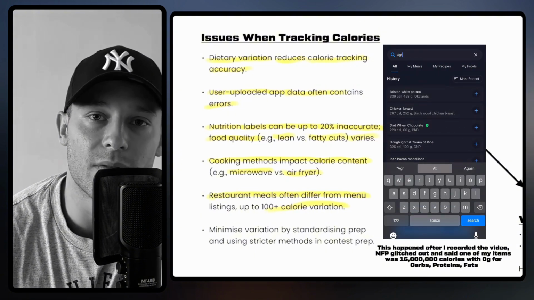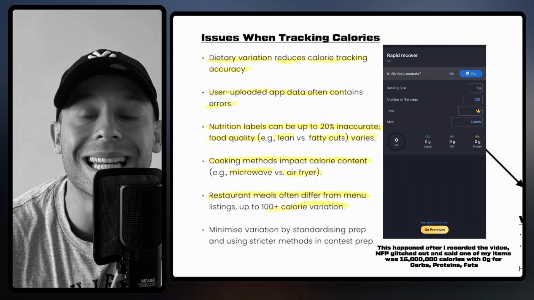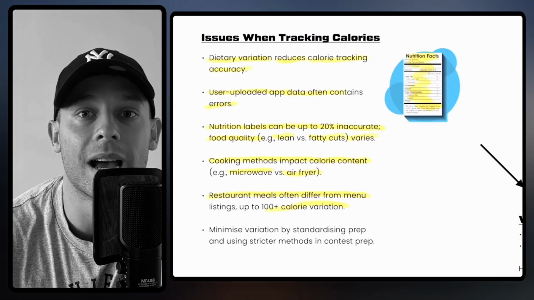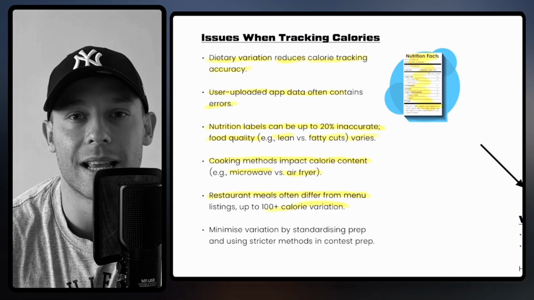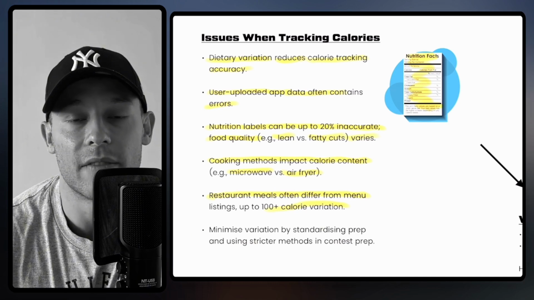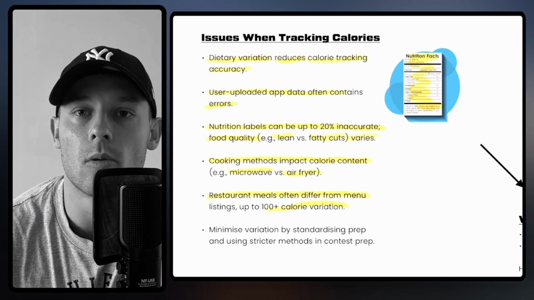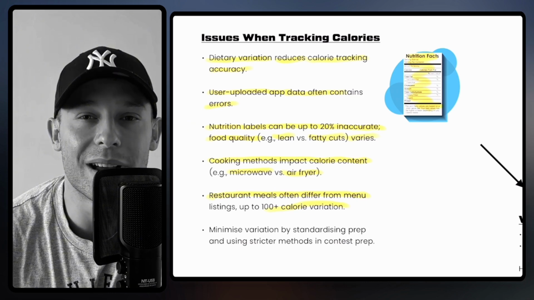But the restaurant's idea of a portion size may be completely different to that. So if you've been following that for a good amount of time and you get to that restaurant, they may have significantly smaller portions or significantly bigger portions.